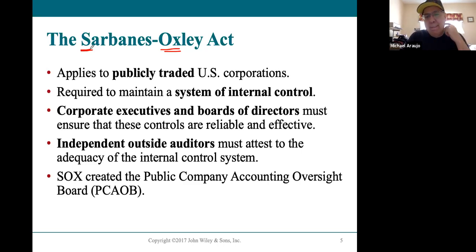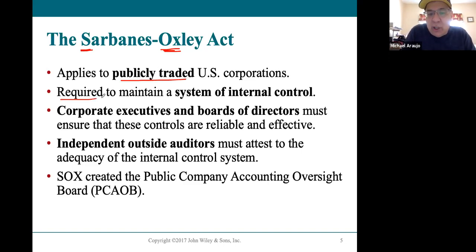It dealt with the idea that fraud happens and companies have to do more to control it. Sarbanes-Oxley applied to corporations who are publicly traded, which means they have shares of stock on the market where you and I can be an owner.